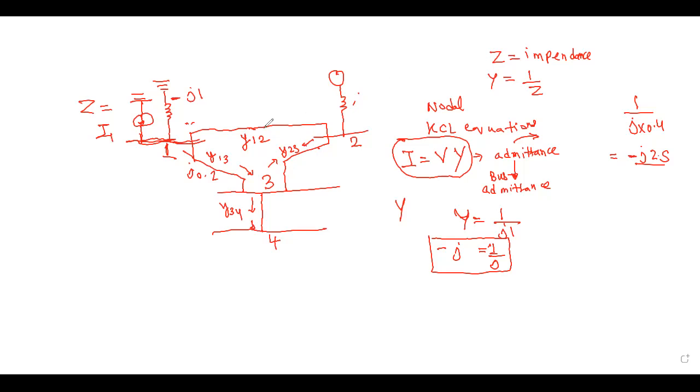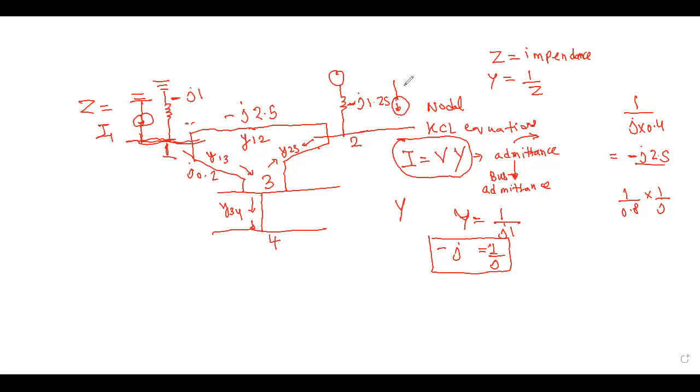So here, 1 by j, you just saw it was minus j2.5, correct? The other value would be the inverse of the value which was there, 1 by 0.8, and obviously 1 by j comes out negative. So it is minus j1.25.